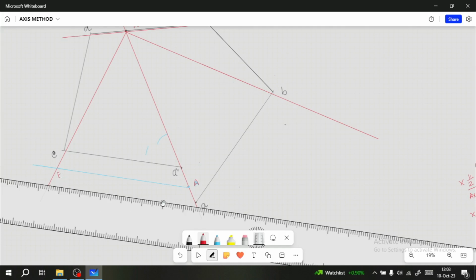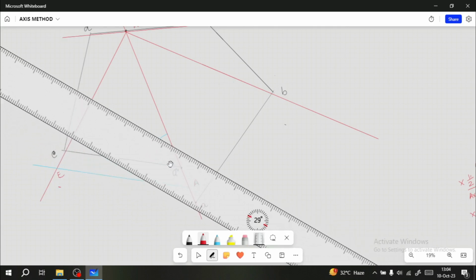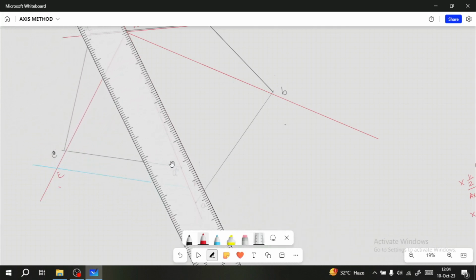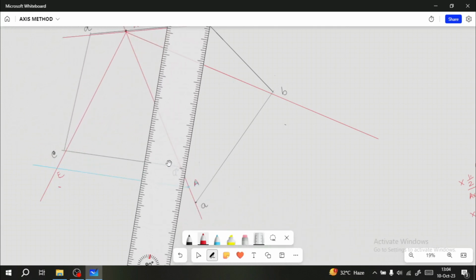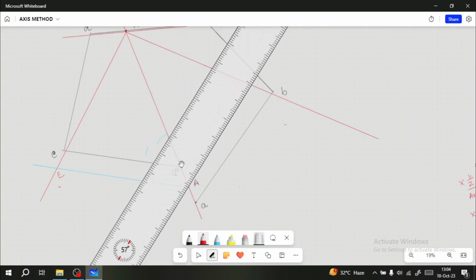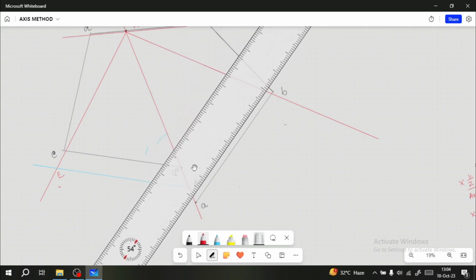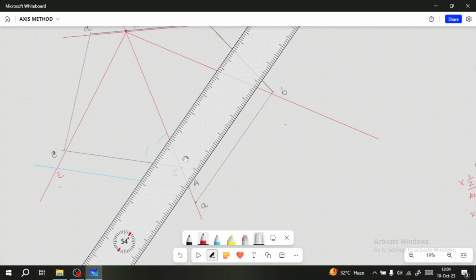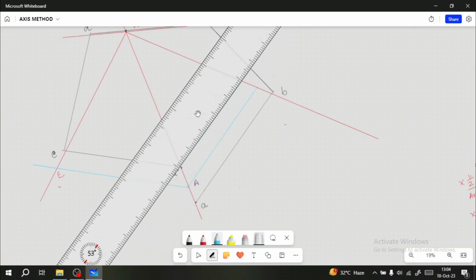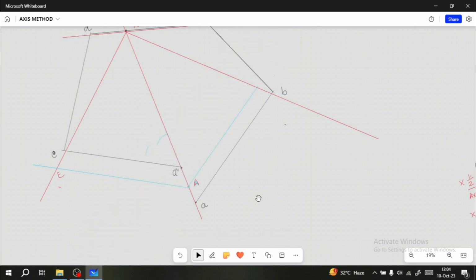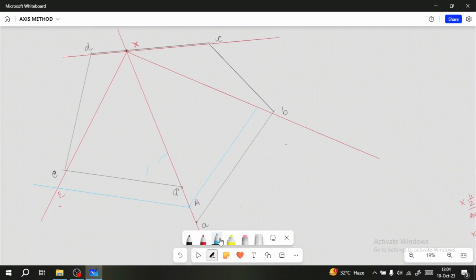Similarly, from the A point we will draw a line parallel to BA, and the intersection with the line from X will give the point B. So this is approximately parallel, and we get our B point.